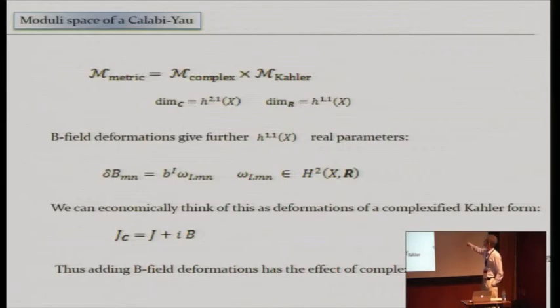So we compare these scalar deformations with B-field deformations. In fact, we usually do this by combining the Kähler form with the B-field into a complexified Kähler form, J_C, and then we just count deformations of this complexified Kähler form. And so the upshot is that adding the B-field deformations has the effect of complexifying M Kähler.